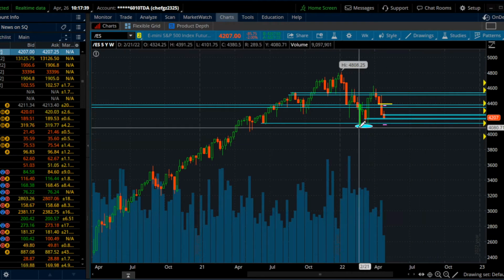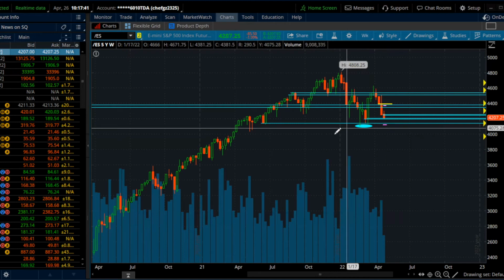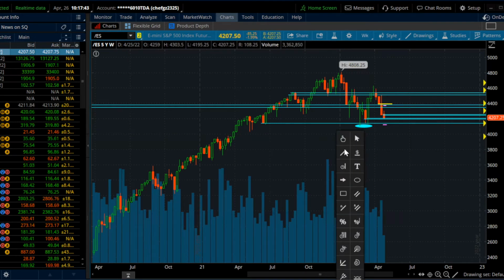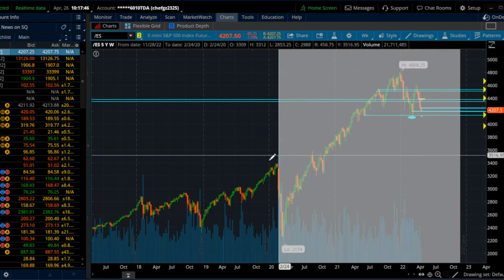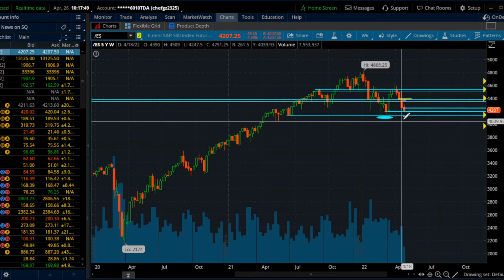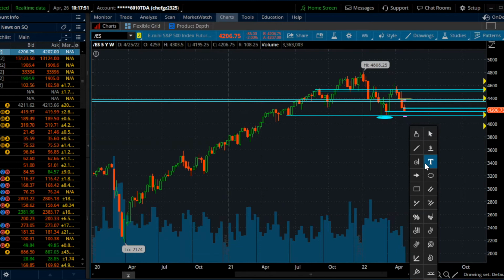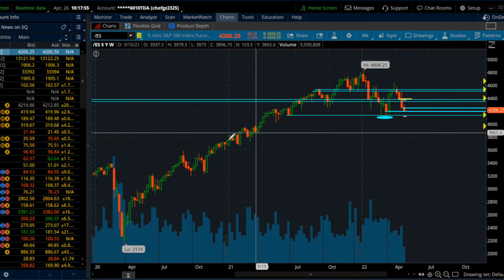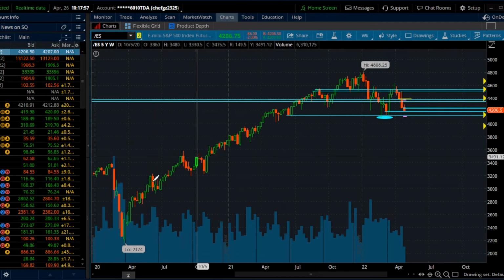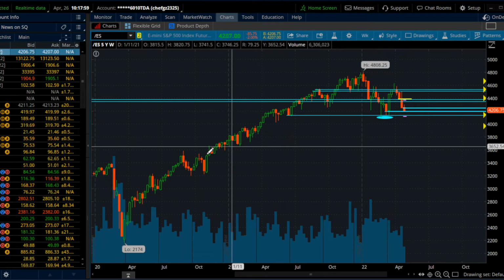This is kind of like the last of the barrel, where you're at the bottom of it and you're really hoping that it's the end, right? Or the beginning of the end. Other than that, guys, if that breaks, we don't have a lot of support down here, only because it's a staircase pattern.